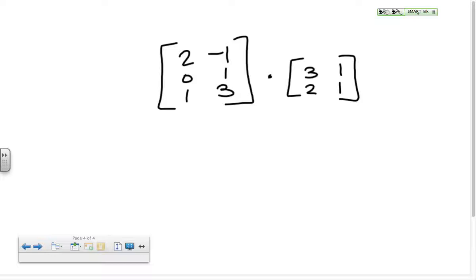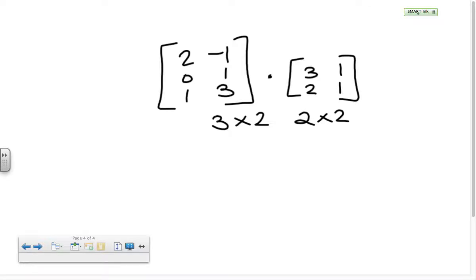Now, the first thing we do is check. This is a 3 by 2 matrix, and this is a 2 by 2 matrix. Before we do this, I just had a thought. Did I mess up down here? Nope. I want to make sure that I didn't mess up on the lesson where I was talking about it.